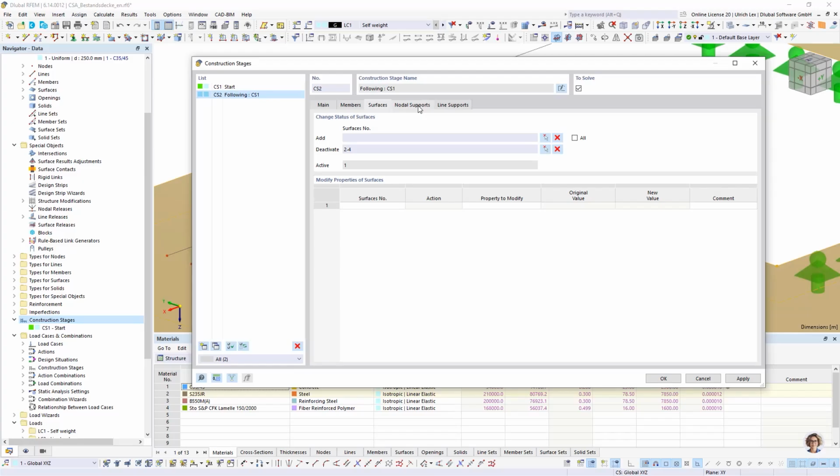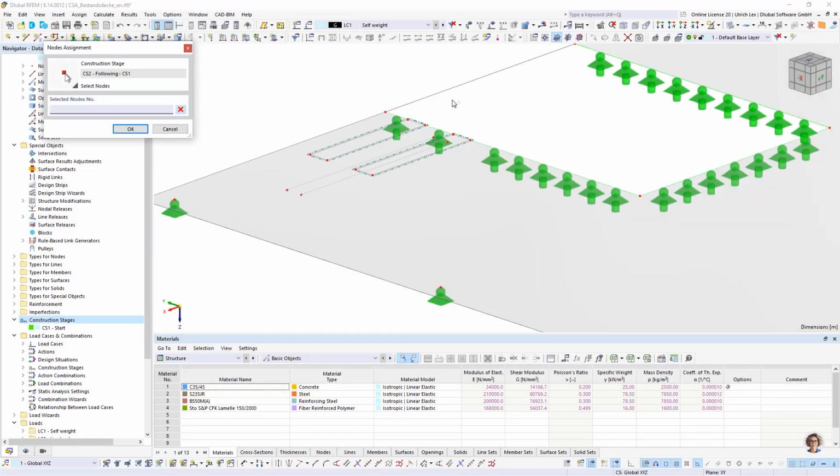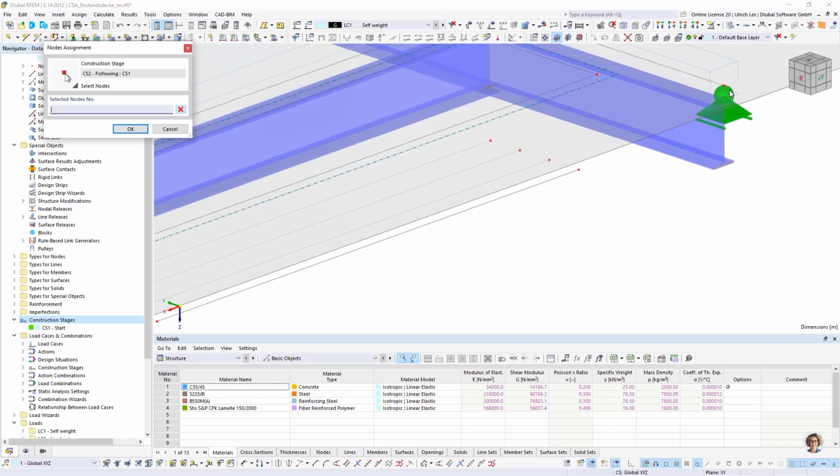Okay. I can take a look at the nodal supports. Here, in stage 1, nodal support 41 is acting. And here I can add this nodal support 76. Okay.